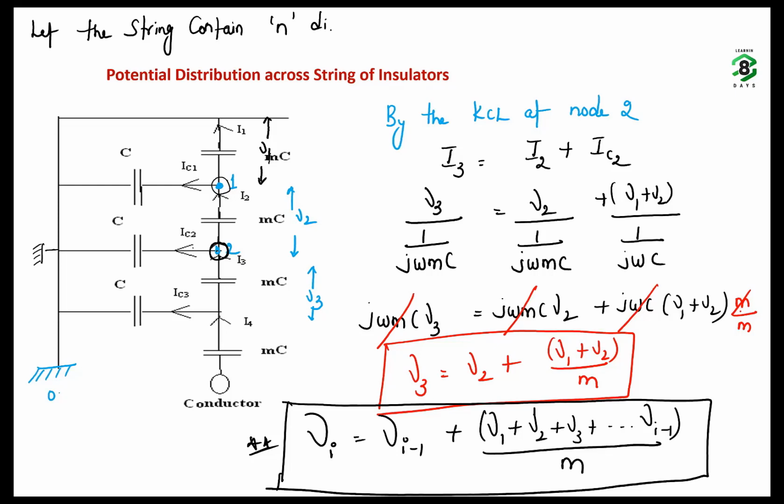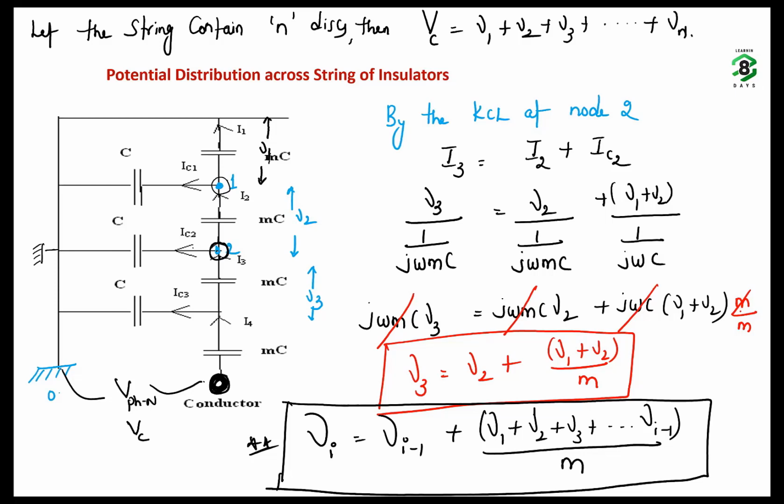Then the voltage of the conductor with respect to ground, that means the phase to neutral voltage of the conductor, is given by the sum of all these voltages, that is V1 plus V2 plus V3 and so on till Vn.